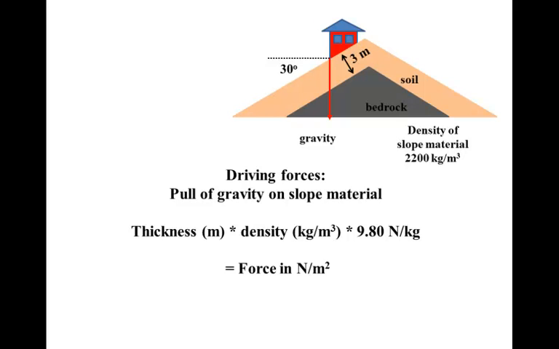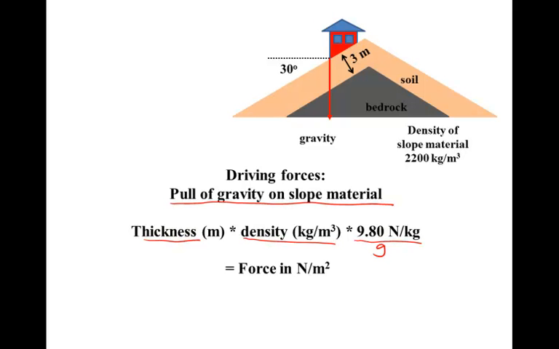The primary stress acting on a slope is the pull of gravity exerted on the material that makes up that slope. We can calculate that stress as the product of the thickness of the slope material times its density. In other words, what is the slope made of and how thick is that material, times the constant g, acceleration due to gravity.